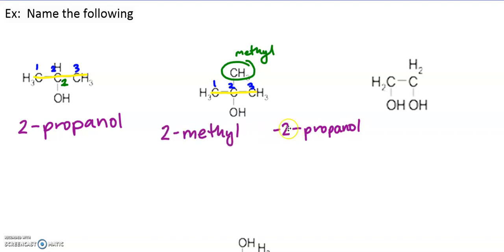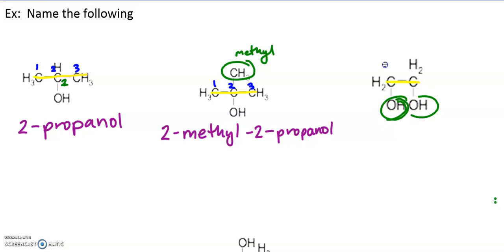Okay, so now let's talk about this one. Here I have 2 carbons, so I have ethanol, and I have 2 hydroxyl groups. They're on carbon 1 and carbon 2.